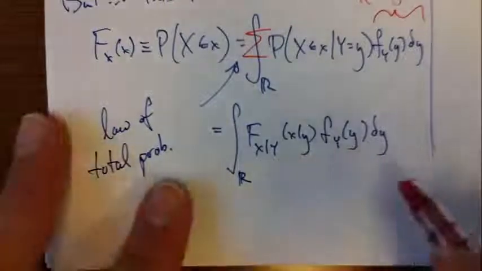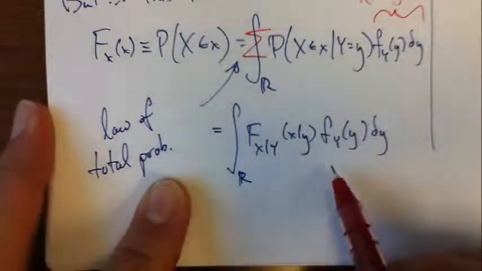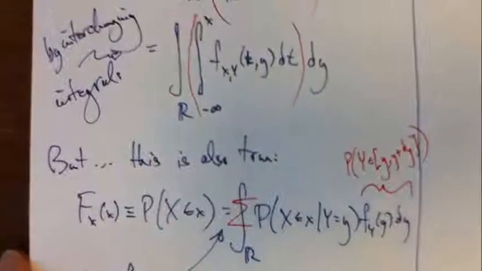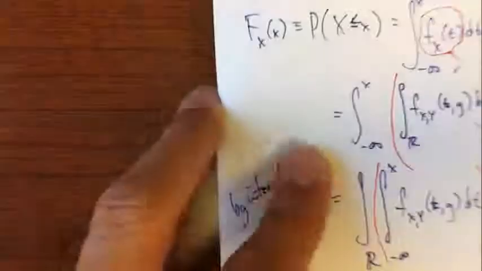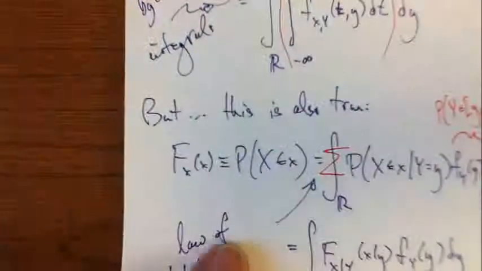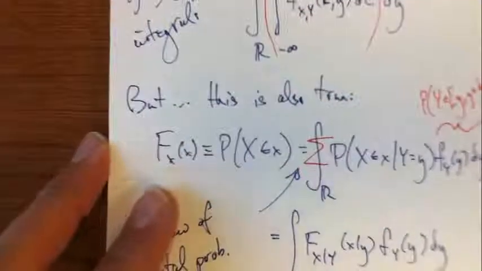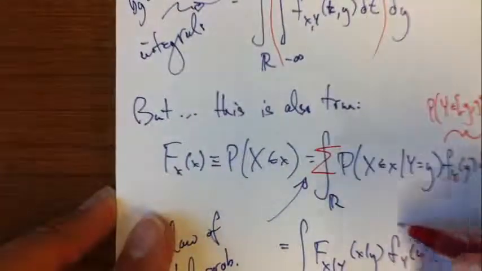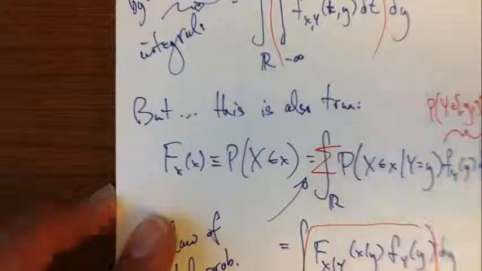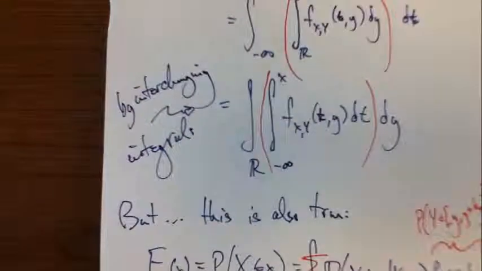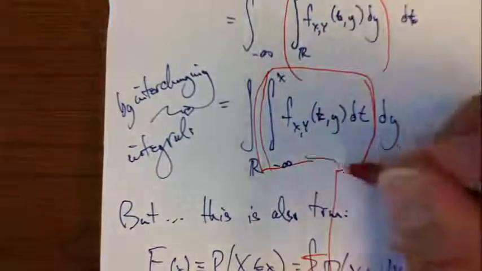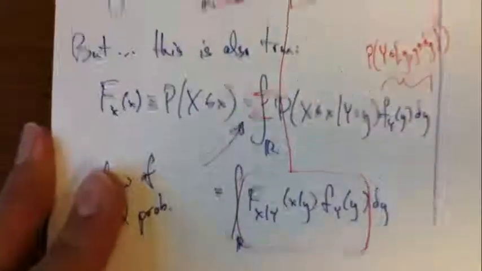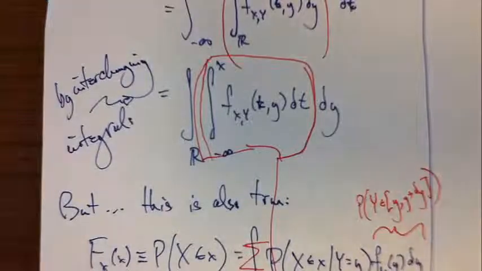Okay. Now I want to compare this to this expression that we got up here. They have to be the same thing because they're both expressions for the marginal CDF of X. So this suggests that this integrand maybe ought to be the same as this integral, right? See that? So let's write that down.